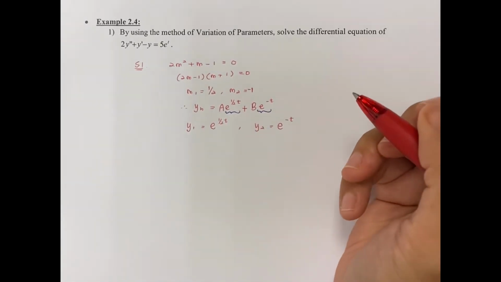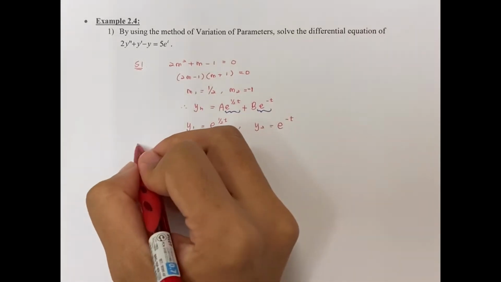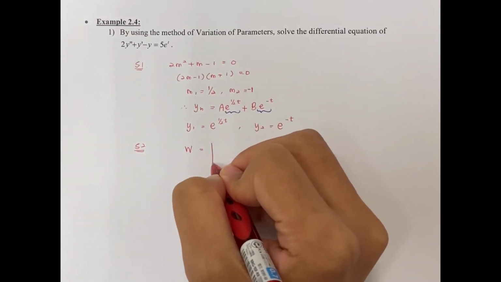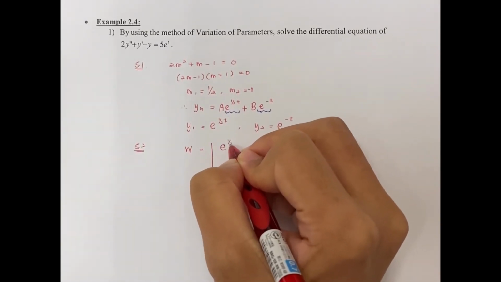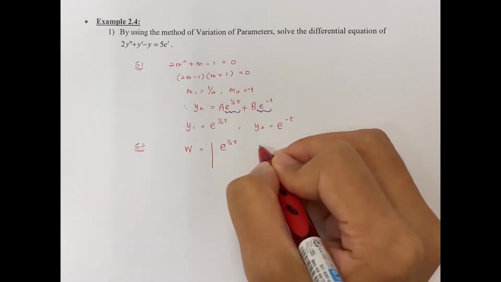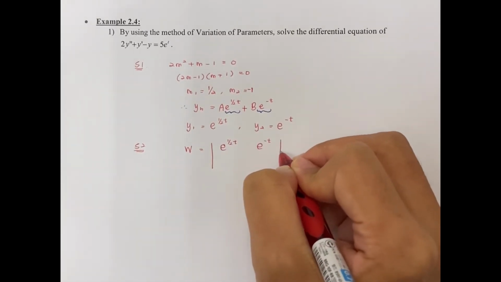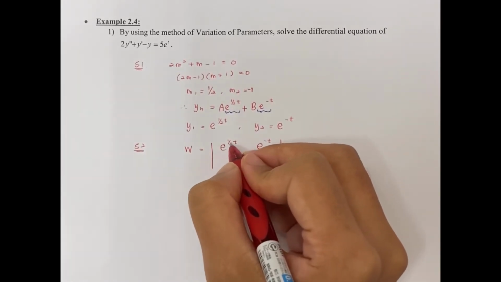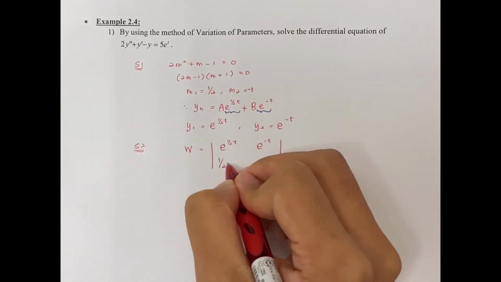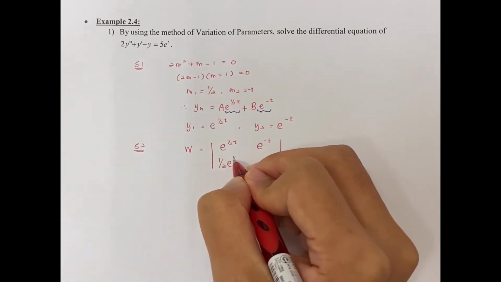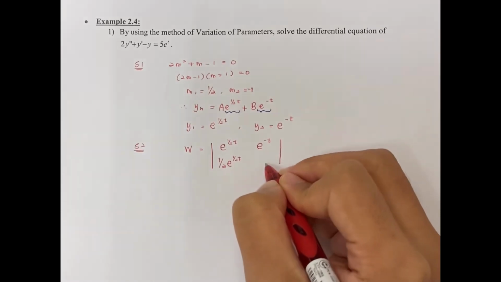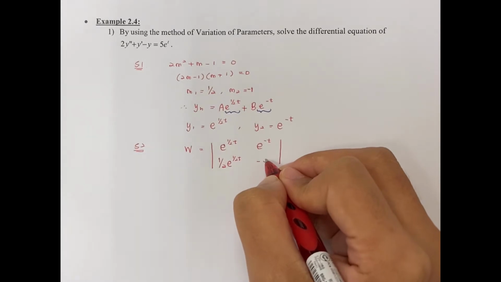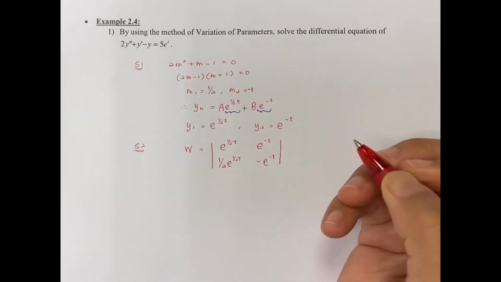So you have your y1 and y2 now. For the second step, find the Wronskian's value. W is equal to e to the half t, y1, and e to the negative t, y2. This is y1 prime, so differentiate e to the half t and you have half e to the half t. Differentiating e to the negative t gives negative e to the negative t.